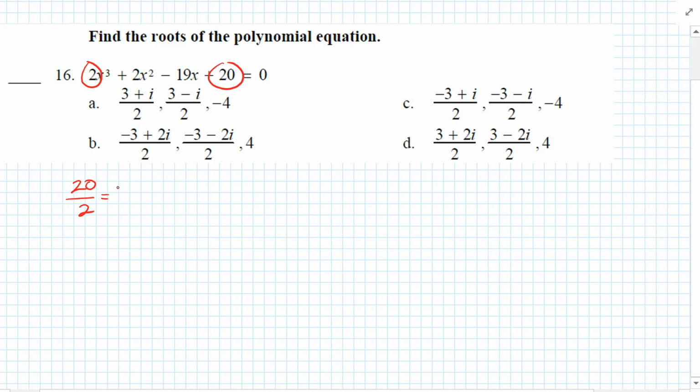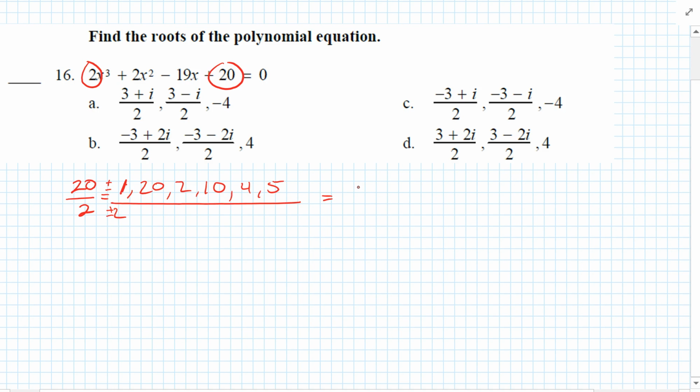So you could have 1, 20, 2, 10, 4, 5, all plus or minus, with plus or minus 2 on the bottom of it. Okay? So there's a lot of choices here.